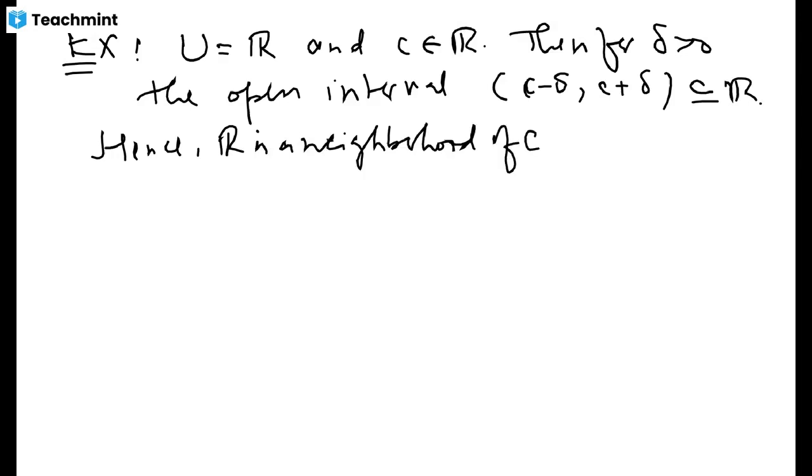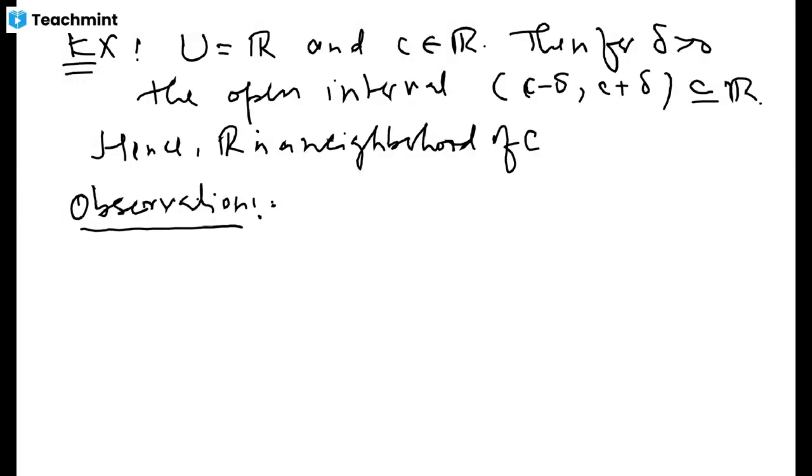From this example, I'm going to make an observation. R is the set of real numbers, and the real number c that I took in R was arbitrary, and we've been able to establish that R is a neighborhood of this real number c.